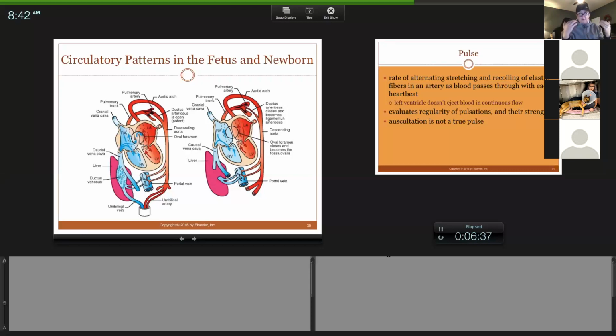If a puppy can't get oxygen, because some of that blood is being diverted away from the lungs, what am I going to see as an owner? Tired, coughing, potentially cyanotic, or they kind of look pale or muddy. We call it a muddy color. They're just not nice bubblegum pink because they're not getting adequate oxygen.